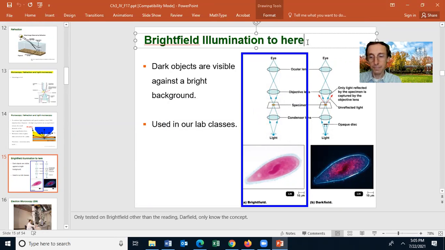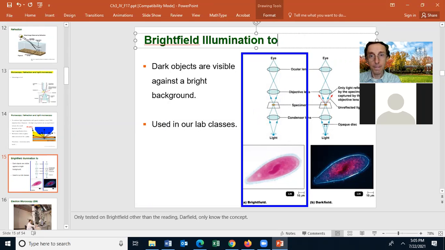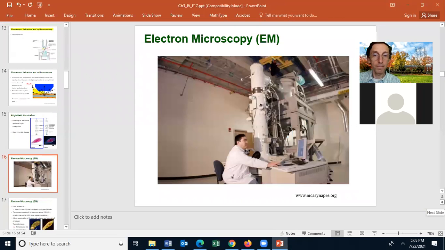Was that correct? Yeah. Thank you. So we now need to turn to electron microscopy, and that uses an electron microscope. I thought we talked about this, did we not?